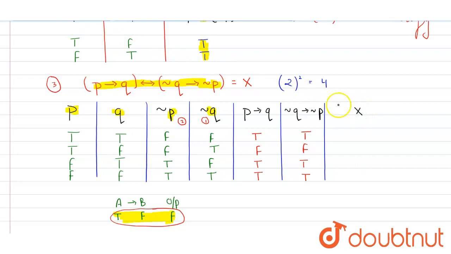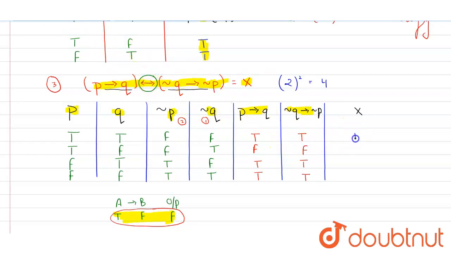Now what we'll see here is P implies Q and this function, and here there is the equivalence operator in between. So now this x is equal to this function. So look at this and this, because here we are given the implies operator in this. Okay, so we can say that both are equal.